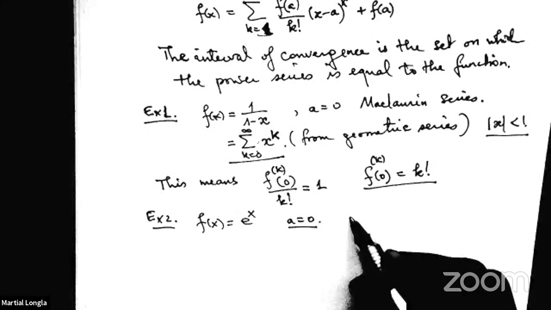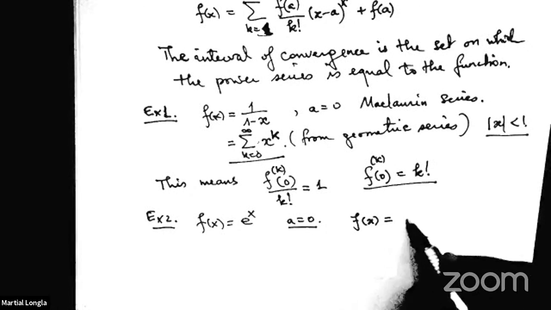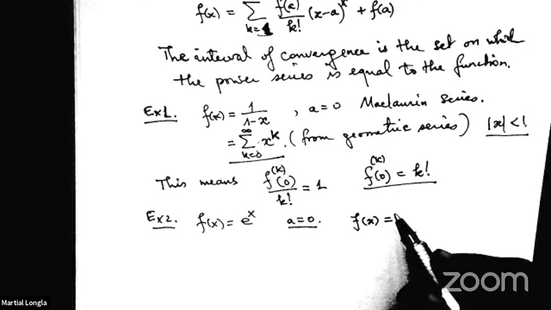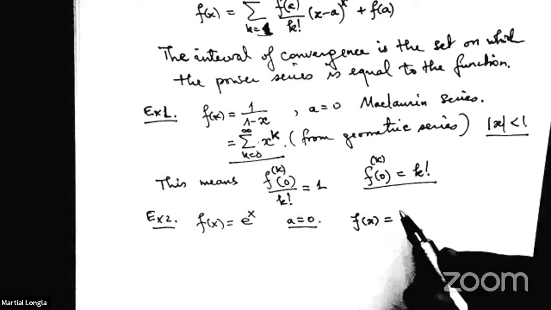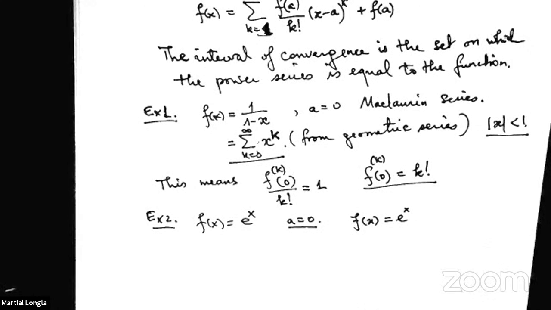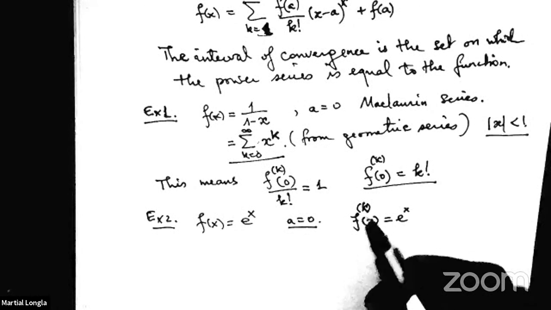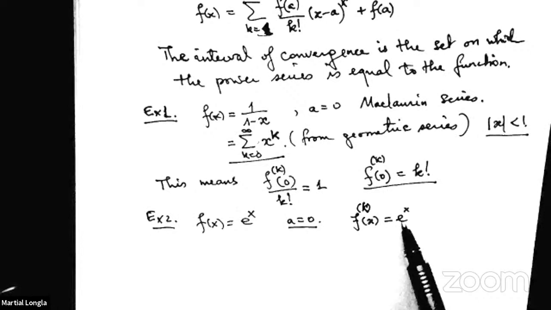Now tell me, what is the derivative of e to the x? It's e to the x. Second derivative, that's also e to the x. Third derivative, also e to the x. So no matter how many derivatives I take, I'm always going to have e to the x, right?